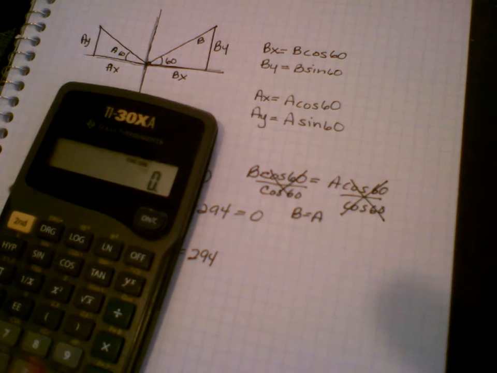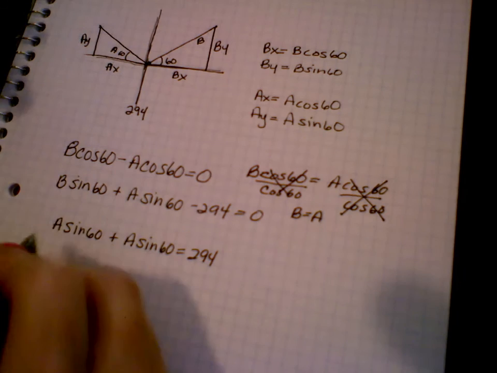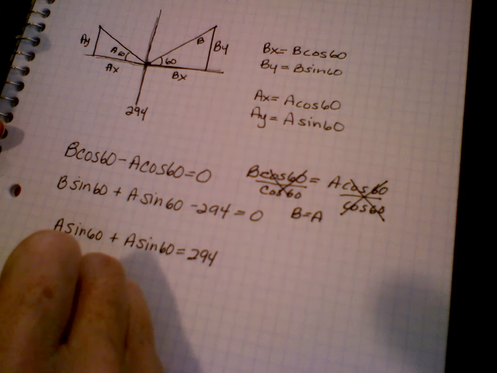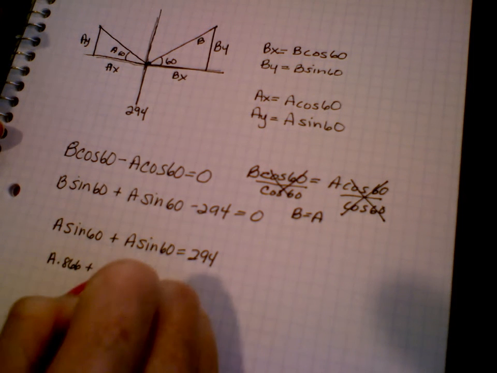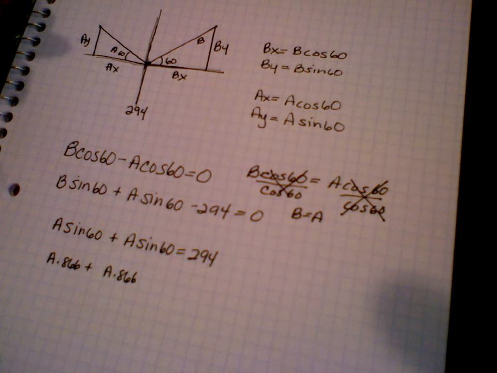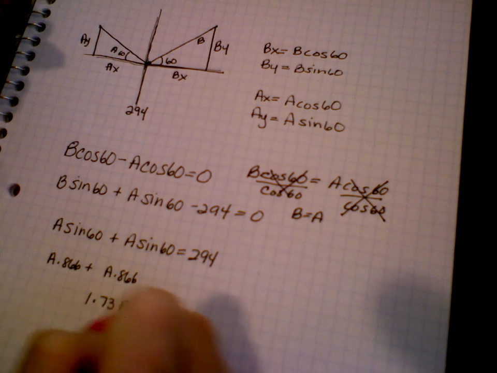Sine 60 is 0.866. So a 0.866 plus a 0.866, which is 1.73a equals 294.